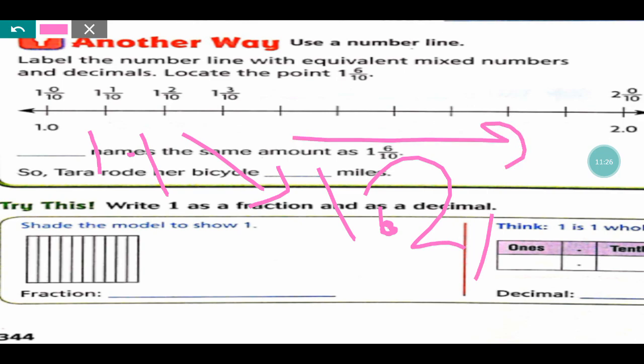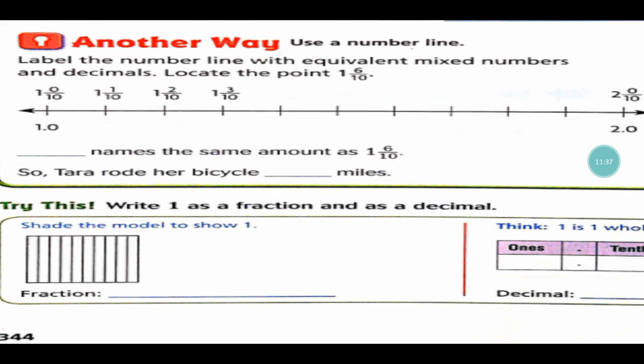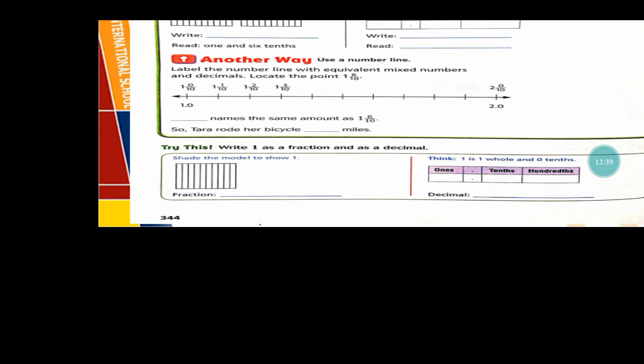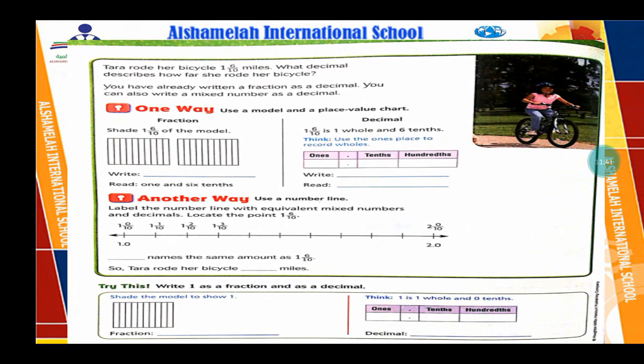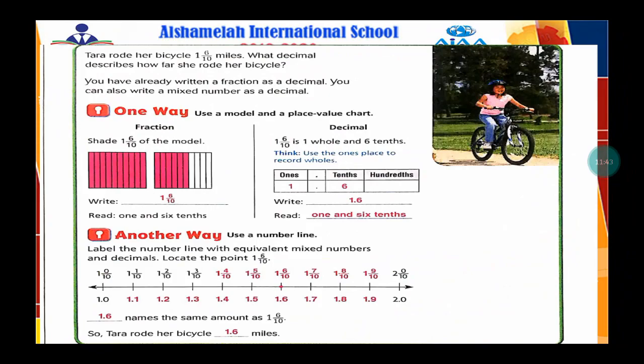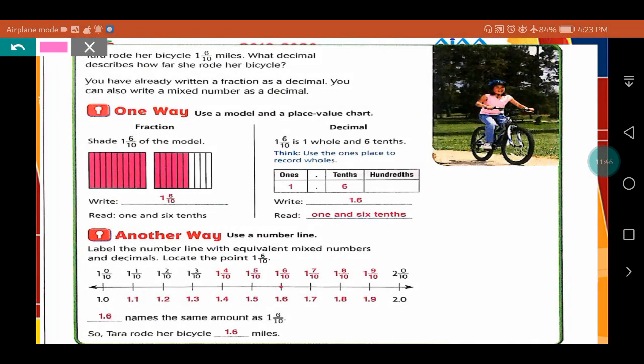And here we write 1 and 4/10, which means 1.4 also. We can complete your number line. Now check your answer here. 1.1, 1.2, 1.3, and so on, okay. Understood? Good.